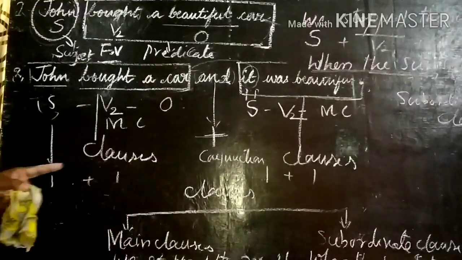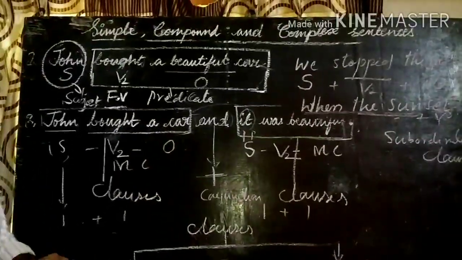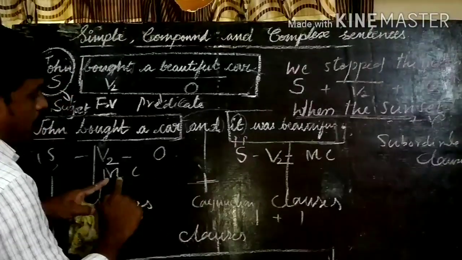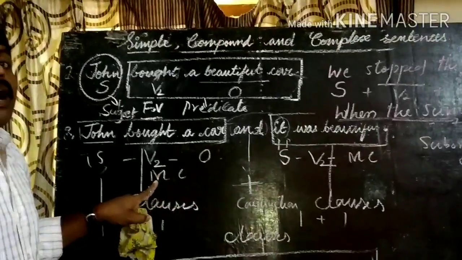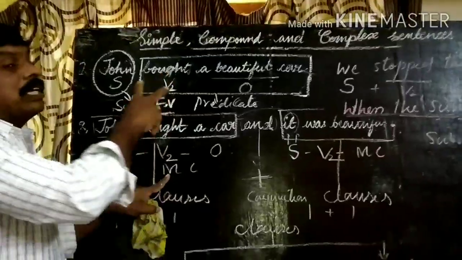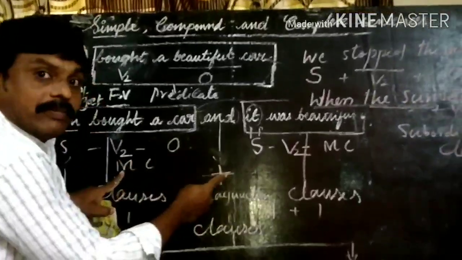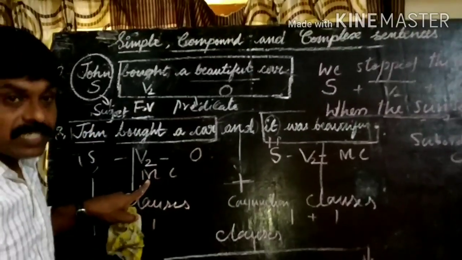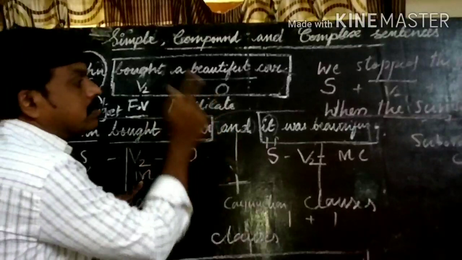This is a compound sentence; it usually consists of two clauses. They are two main clauses. Main clause and main clause. When two main clauses, or otherwise called two simple sentences, are connected with a conjunction, or coordinating conjunctions, such a sentence is called a compound sentence.